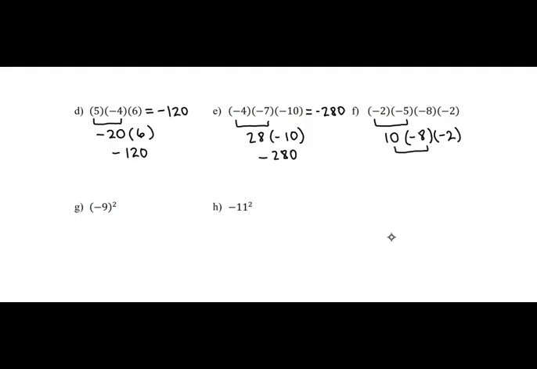Look at the positive 10 times negative 8. That will give you negative 80. And then you multiply negative 80 times negative 2. So you have a positive answer, and it's going to be 160. So the answer to part F is 160.